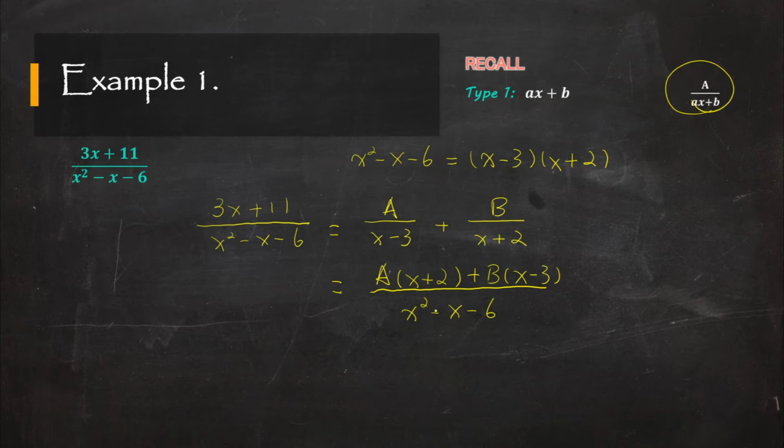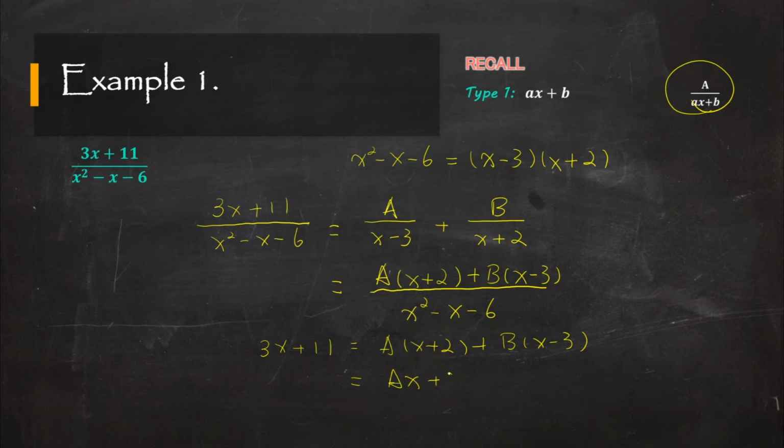So I can make a new equation, which is 3x plus 11 equals a(x plus 2) plus b(x minus 3). And now I just need to simplify the right. So here I distribute a to each term.